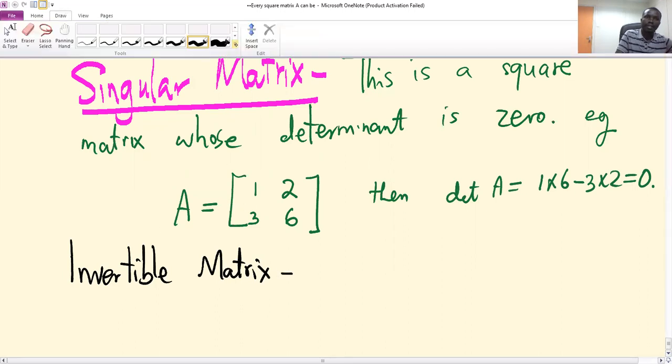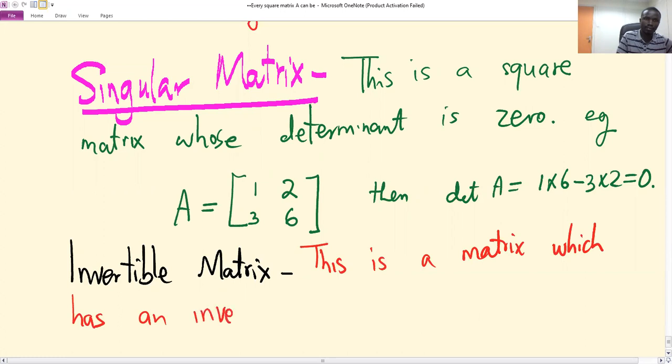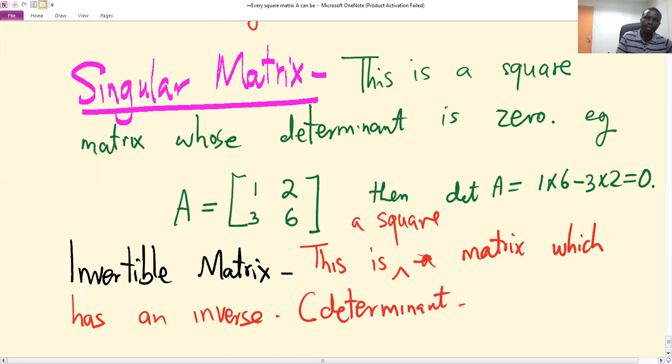This is a square matrix which has an inverse, and this means that its determinant is not equal to 0.